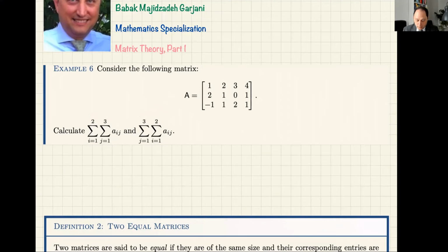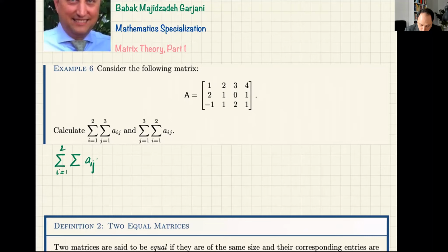So whenever from now on we have finitely many sums, you can interchange these sigma symbols if you want to. But let me calculate one of them for you, the first sum, and then you can do the next one as an exercise for yourself.